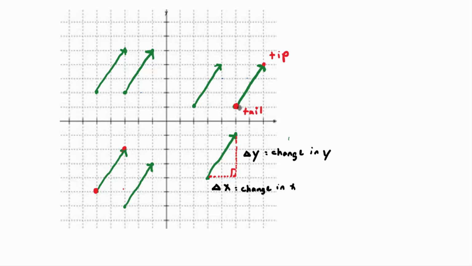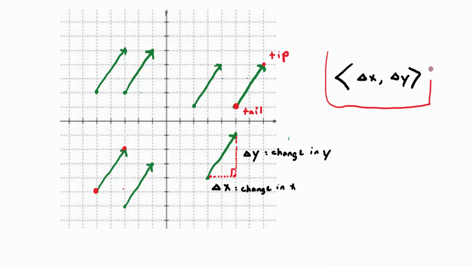We're going to represent these vectors as coordinates. But instead of using regular parentheses, we're going to use alligator brackets. The first coordinate we would call delta x. The second coordinate we would call delta y. And this would be a way to represent what we call the component form.